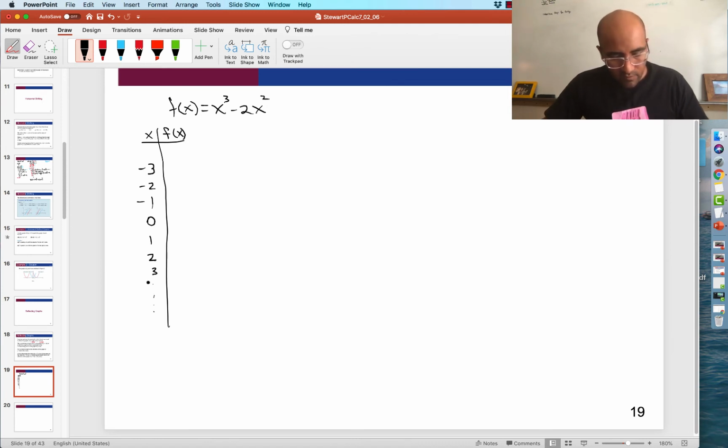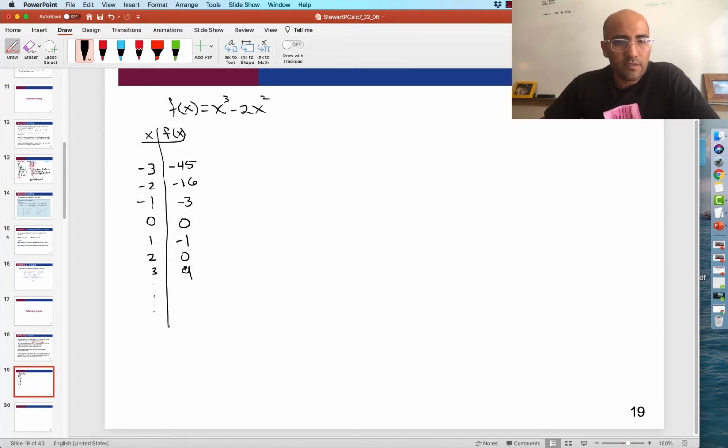That's good enough. Negative 3 mapped to negative 45, negative 2 mapped to negative 16, negative 1 mapped to negative 3, 0 mapped to 0, 1 mapped to negative 1, 2 mapped to 0, and 3 mapped to 9.